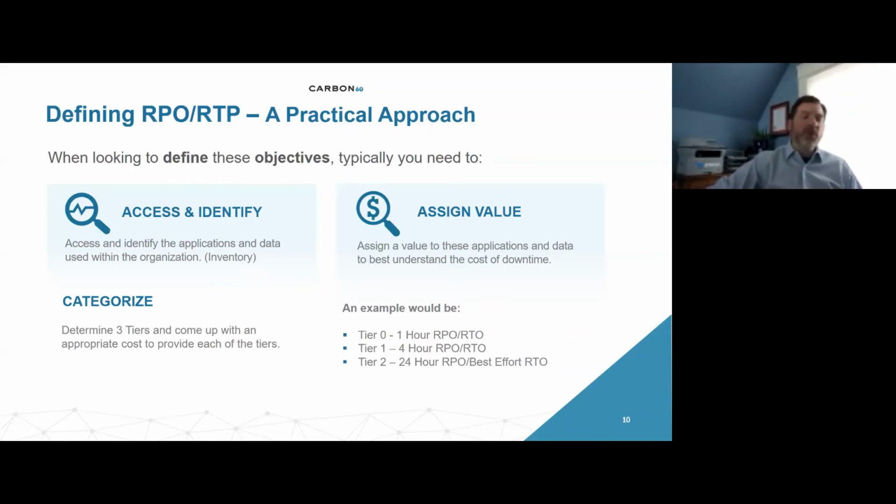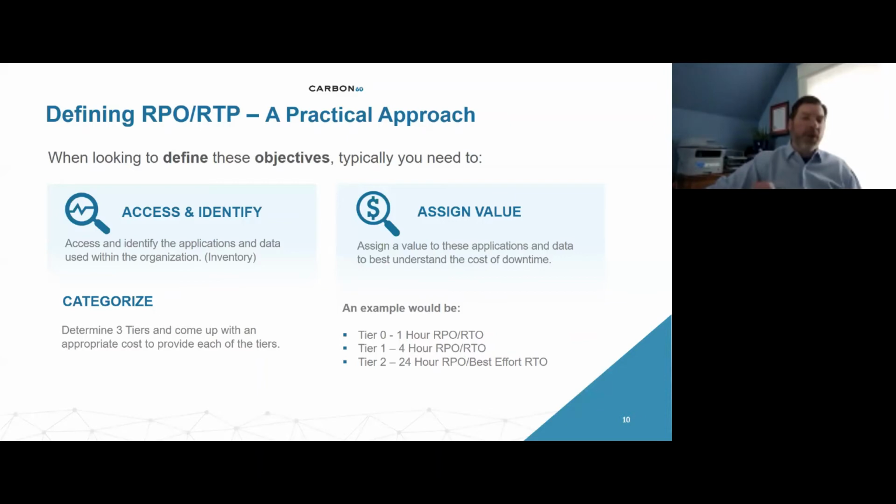And the reason why you do that is if you understand at a high level what the costs are to deliver each one of those tiers, it sets the stage when you're asking the business, or the group within the business, or the application owner, how important their data is. And often what I've witnessed in my career is, if you ask every group, they're going to say it's super important, the most important thing in the business, but the reality is that may not be the case.